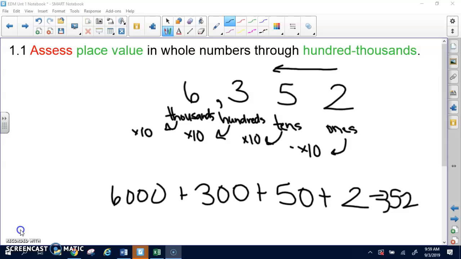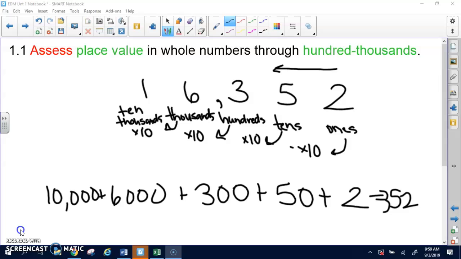The 10 thousands place. What do I have there? 1 what? 1 10,000, which is just 10,000.